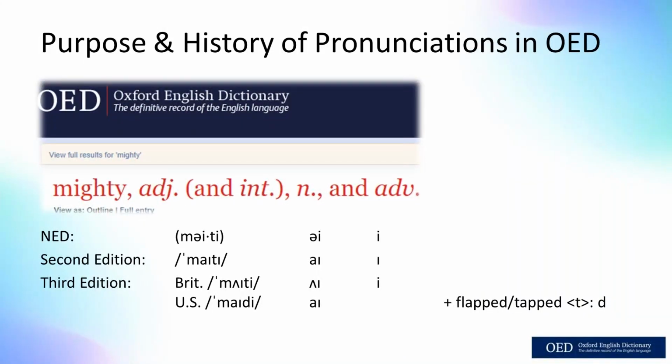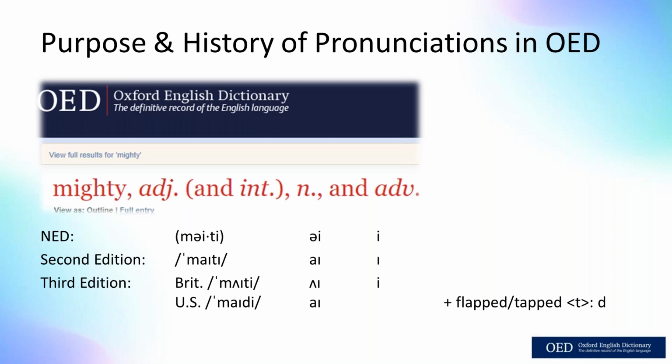And the stress is indicated with that dot in the middle after the stressed syllable. Whereas in the second edition, when the IPA conventions come in, the stress is indicated with the mark at the start of the stressed syllable. The A and dotless I are used to symbolize the diphthong. And here there's a less tense symbol chosen for the happy I at the end.